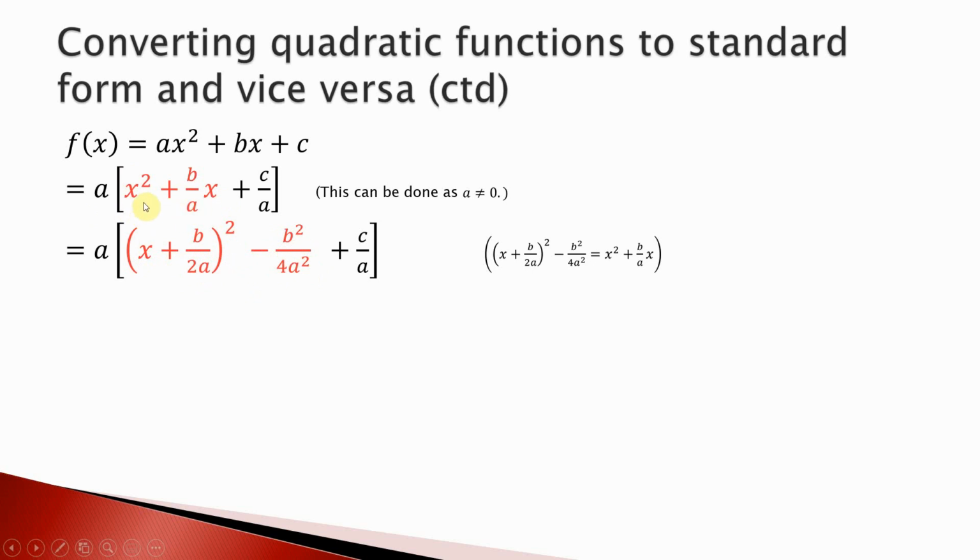Okay, so you get these two terms when you subtract this from this, and then you have this plus c over a. So we are actually replacing this by this. We can replace this by this thing, because these two are equivalent.